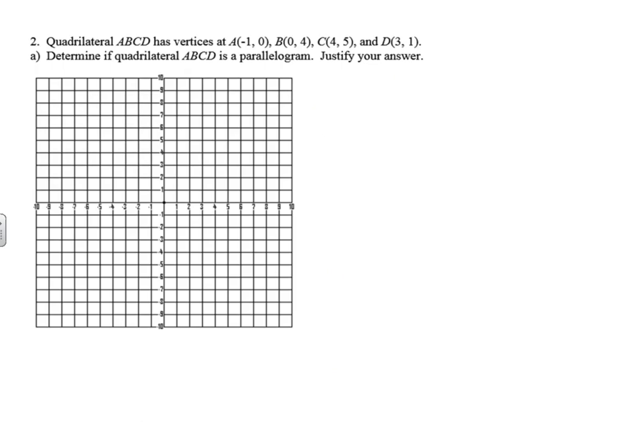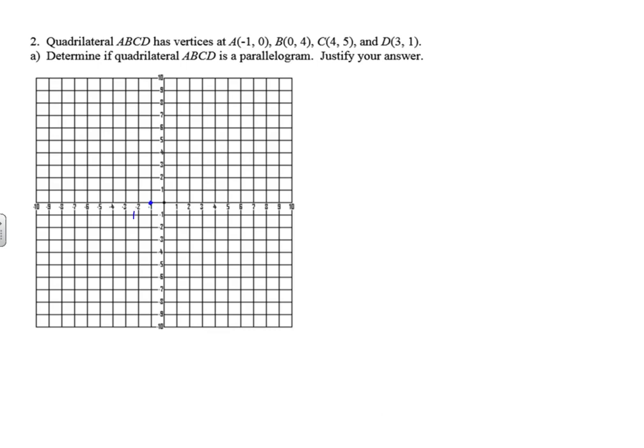So let's go ahead now and we've got quadrilateral ABCD, and it's got these vertices, and the question is, is it a parallelogram? So we could go here and I'm going to graph this first, and then we'll talk about some other things.